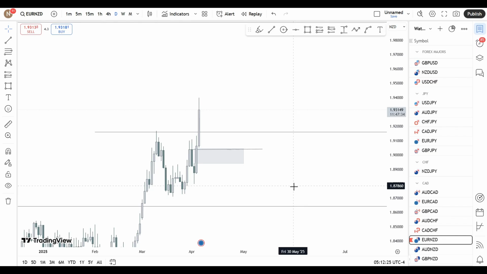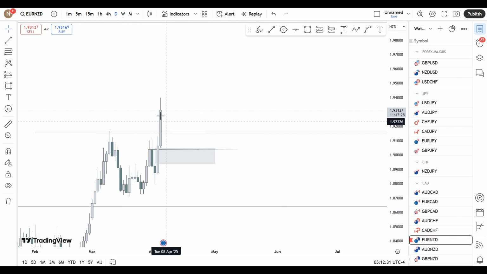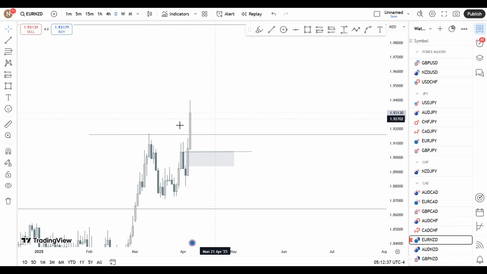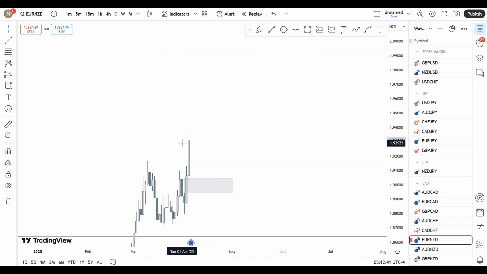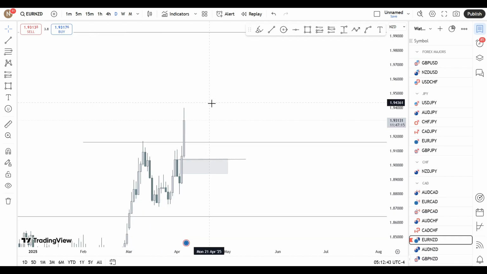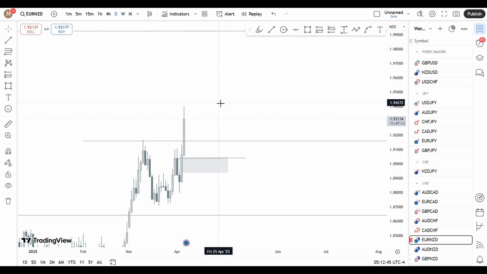We need both. If there is only one, don't worry, that is not valid. So we don't have that lower time frame criteria fulfilling, so we can say that this is a proper disrespect candle, right? We are disrespecting this swing high, and it looks like we are targeting this swing high. So on the daily time frame we can say that we are disrespecting the swing high and we are targeting the swing high, right?